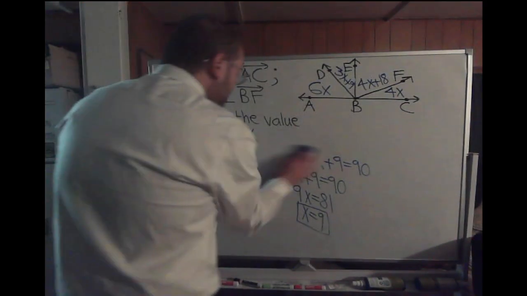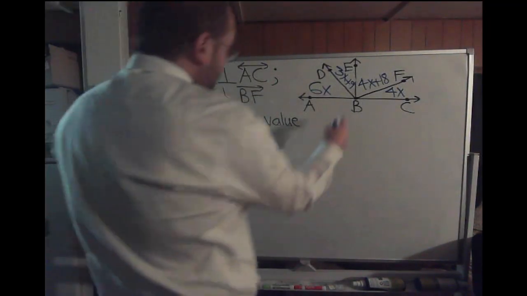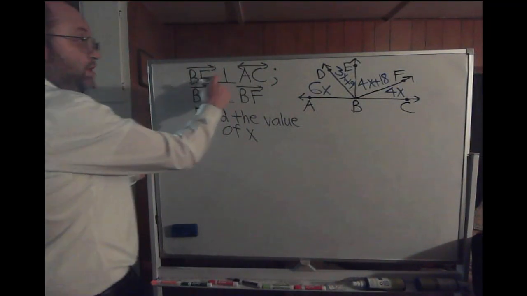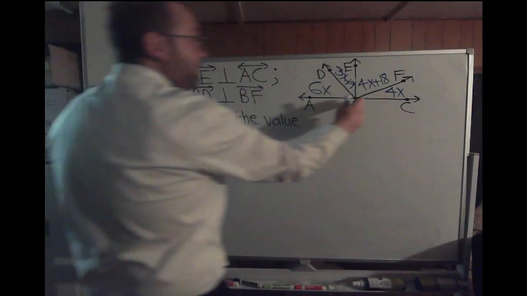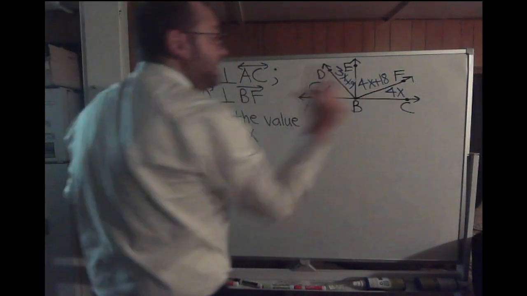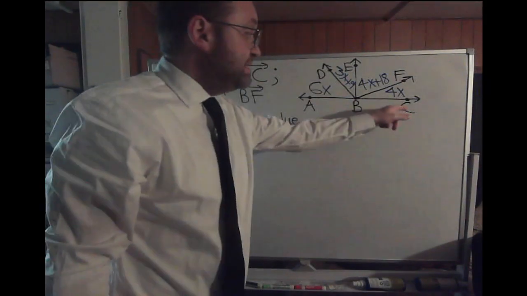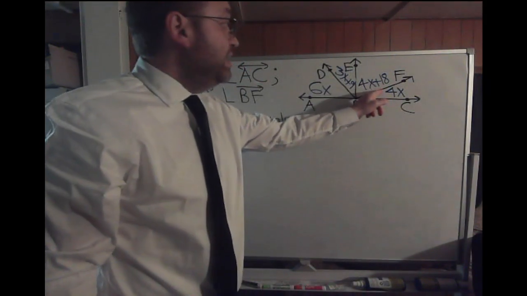Now, way number 2, again, we'll use the same ones here. Ray BE is perpendicular to line AC, which also means that angle EBC would have to be a 90-degree angle, wouldn't it?